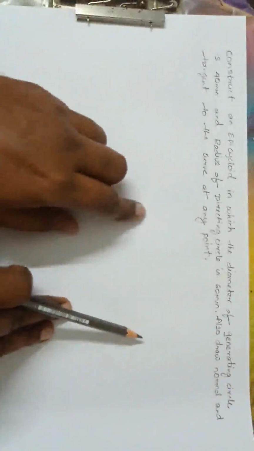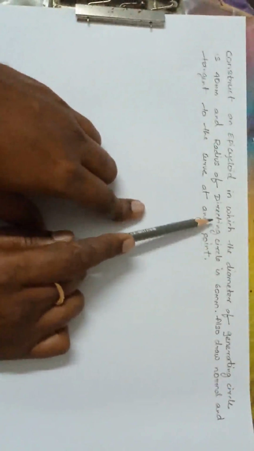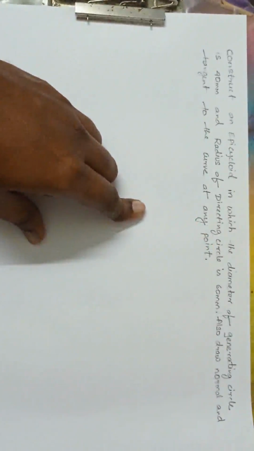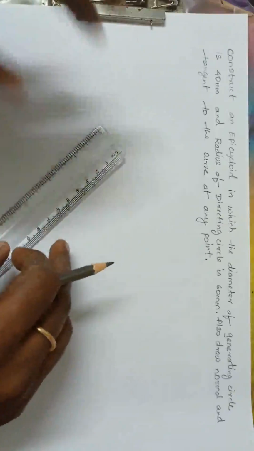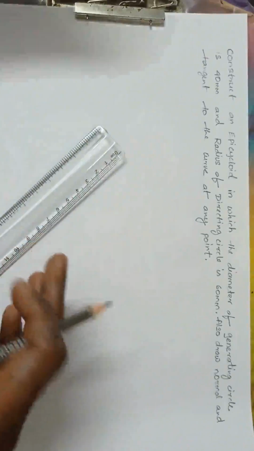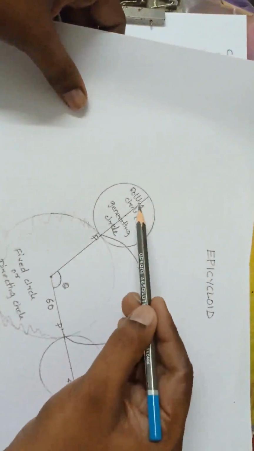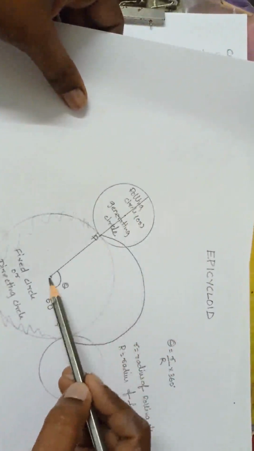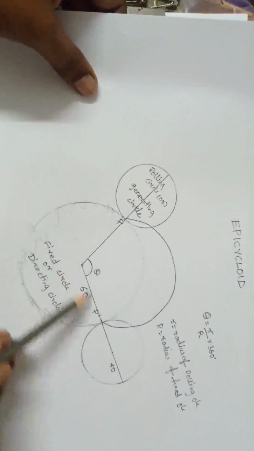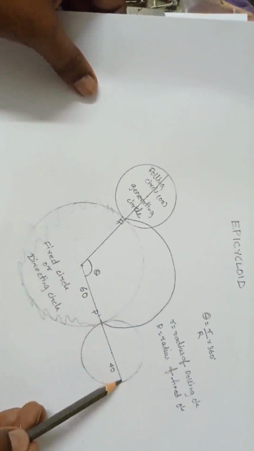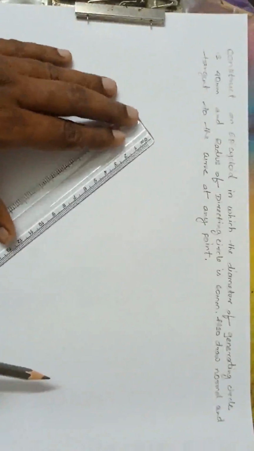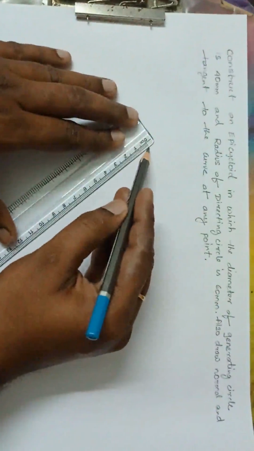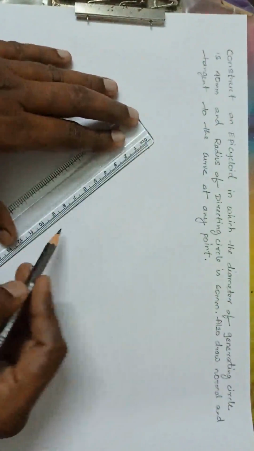First, the bigger circle, the directing circle, he has given 60 mm. So first I'll draw 60 mm. See here, both are combined: this 60, here 60 plus 40. So total length how much? 100. So first I'll draw the 100 mm line from starting point to ending point.